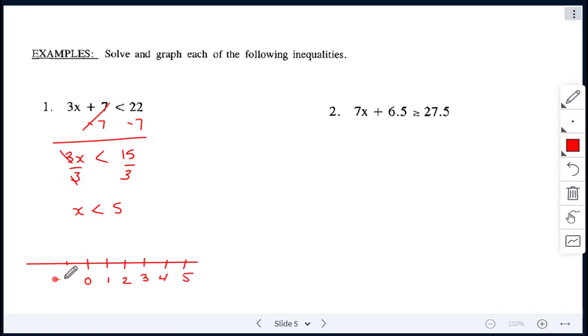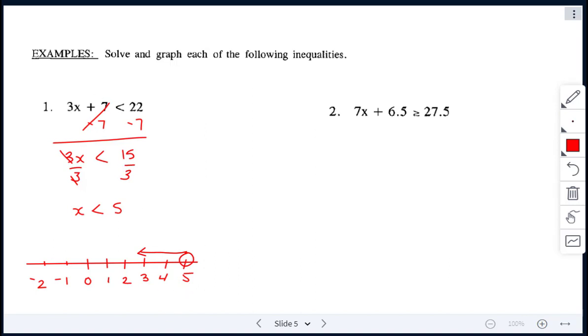On this side, we would have our negatives. You just need to show a bit on your number line. Because it's a less than symbol, our circle is going to be an open dot. And x is less than 5, so we show our arrow pointing left, meaning x can be any number less than 5. I'm just going to pause here and see if there are any questions.